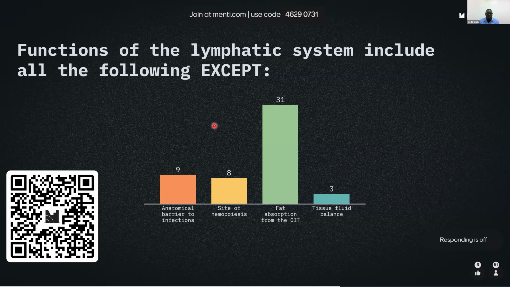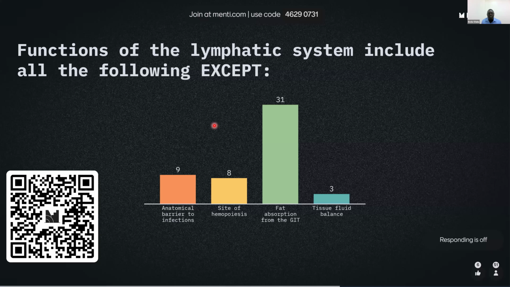Now, the first line of defense, I've told you, is either anatomical barriers to infections, physiological barriers to infections, or biochemical barriers to infections. When we talk about anatomical barriers to infections, we're talking about things like skin or the mucosal membrane, mucous membrane, and the like. They have to prevent organisms from penetrating; that constitutes an anatomical barrier to infections.